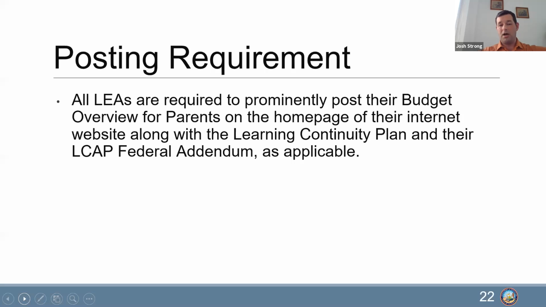The posting of the learning continuity plan on the website was put in place by Senate Bill 98. The posting requirement for the LCAP federal addendum was put in place by SB 820. And so to the extent that an LEA has those, they need to be posting them along with the budget overview for parents on their homepage.